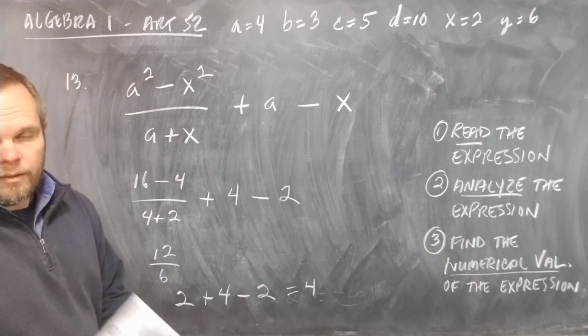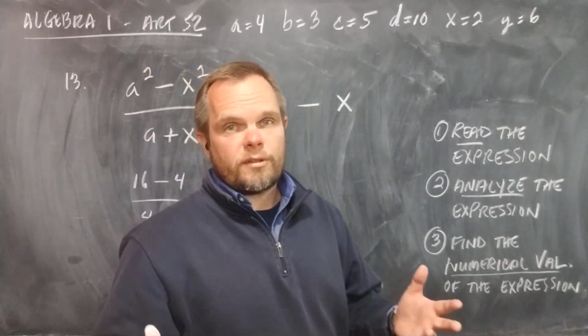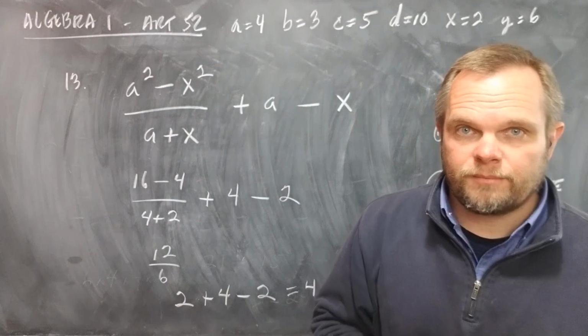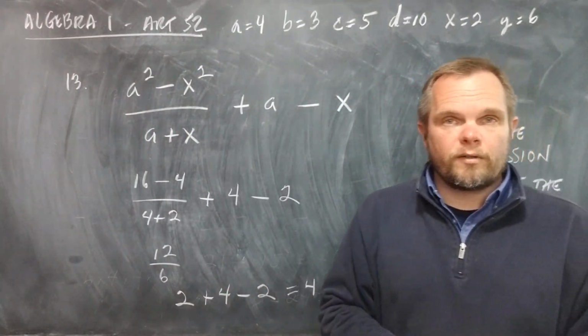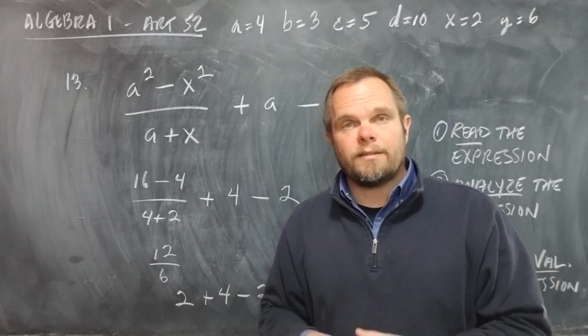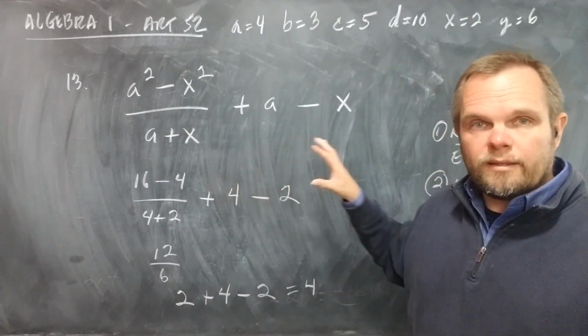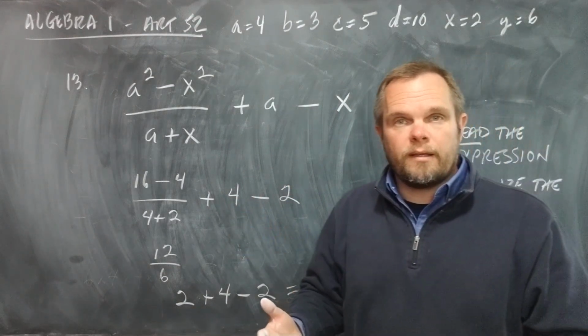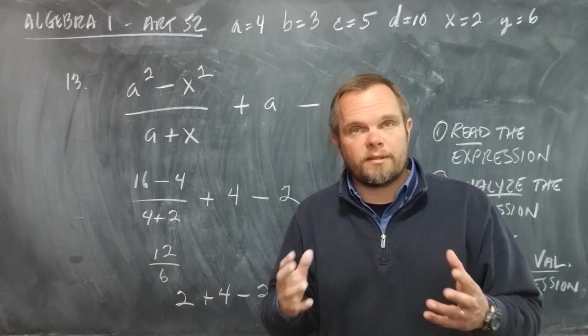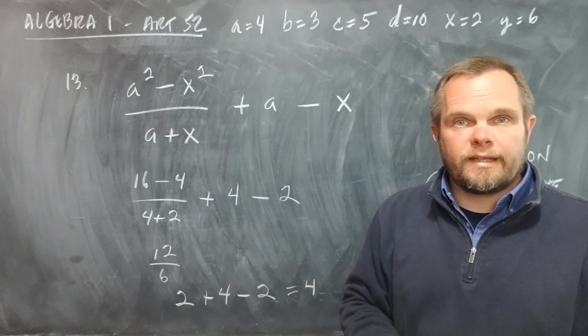Now, that's all for the first 13 exercises. The rest of the exercises in Article 52 ask us to take expressions that are written out in words and convert them into algebraic expressions. So we're going to save part 2 for a second video.